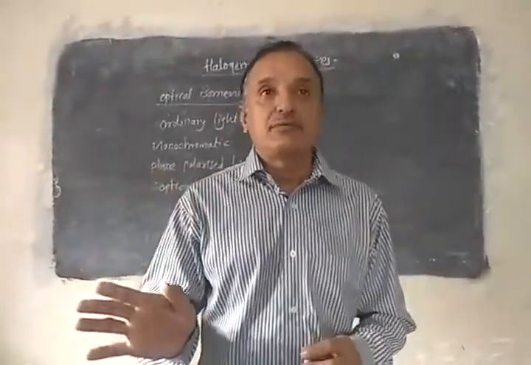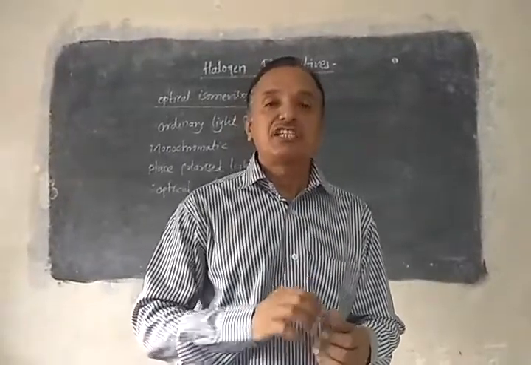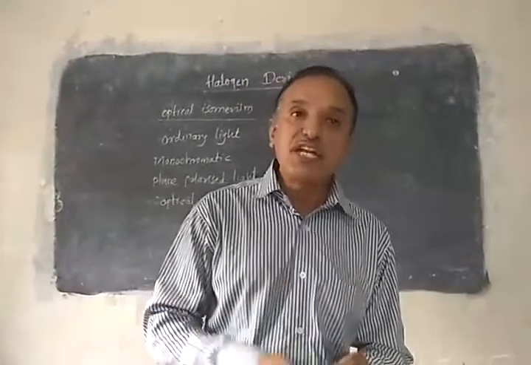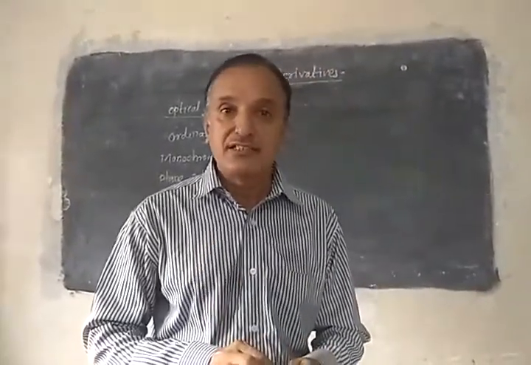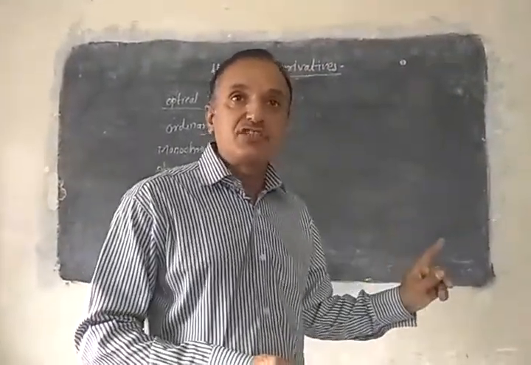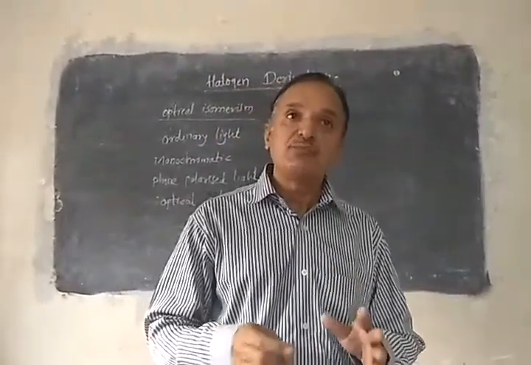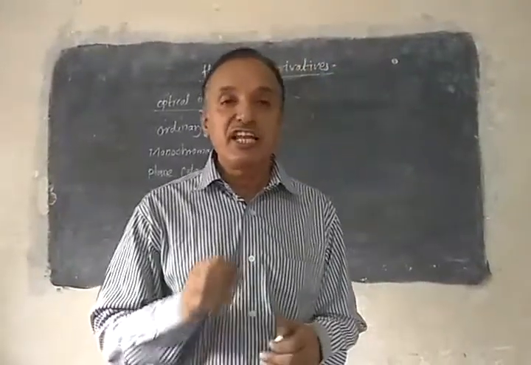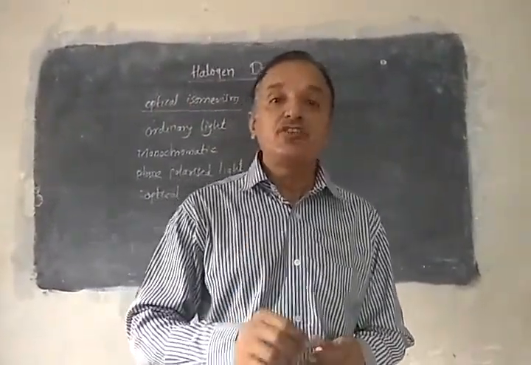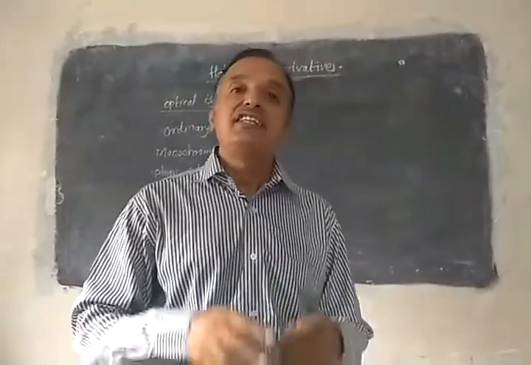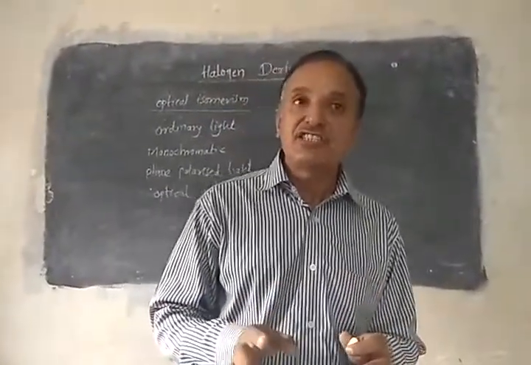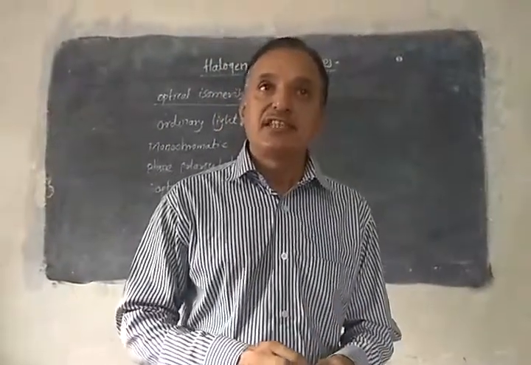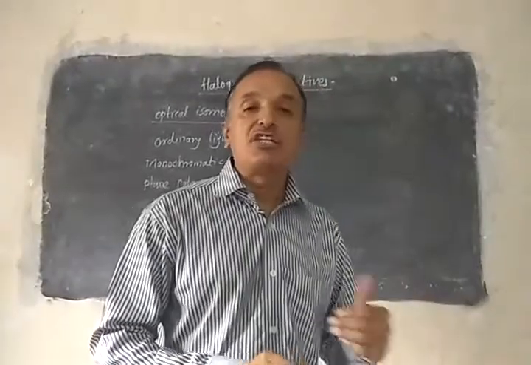This light contains different colors, which means it has different wavelengths. White light, or ordinary light, has rays of different wavelengths, and they oscillate in different directions perpendicular to the propagation of light. That is white light, or ordinary light.